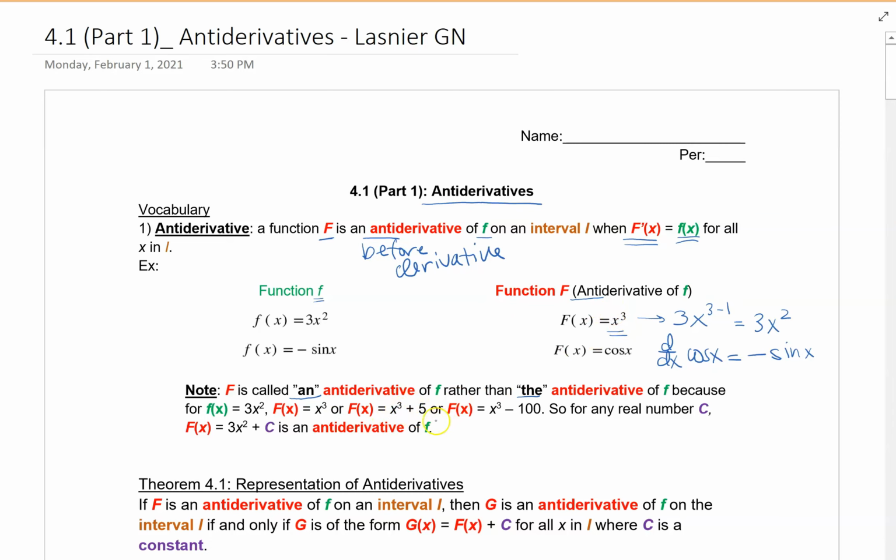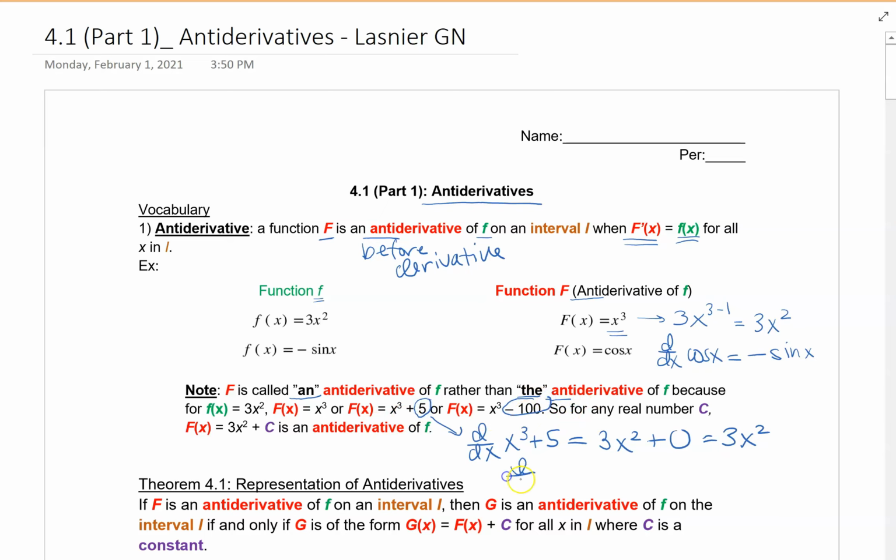If I take the derivative of x cubed plus 5, it too will equal 3x squared because the derivative of 5 is 0. So because the derivative of a constant is 0, when we go backward to take the antiderivative, we have to remember that the constant could be different.